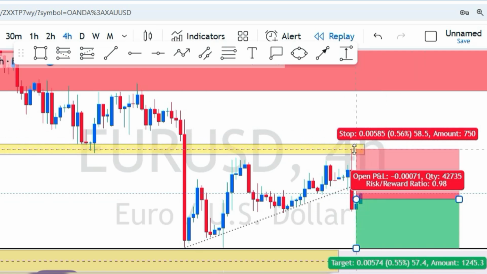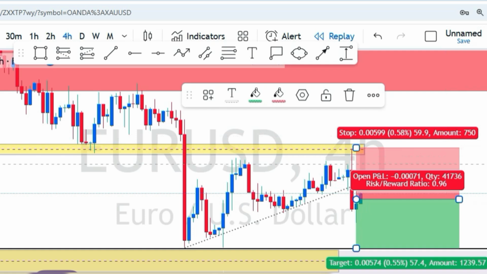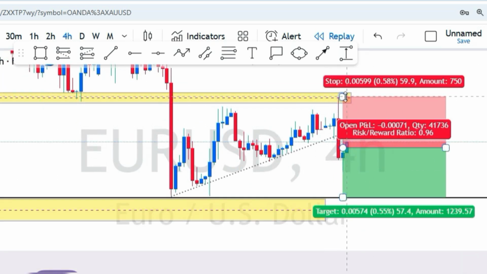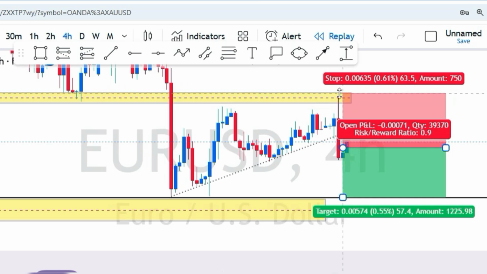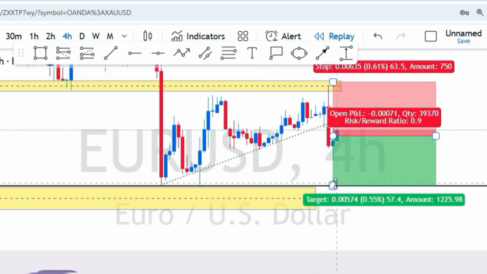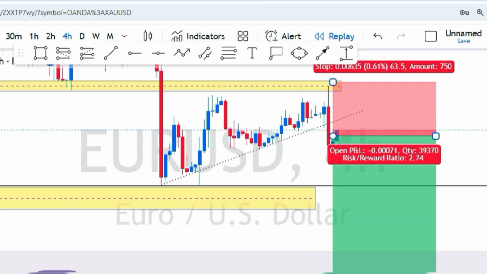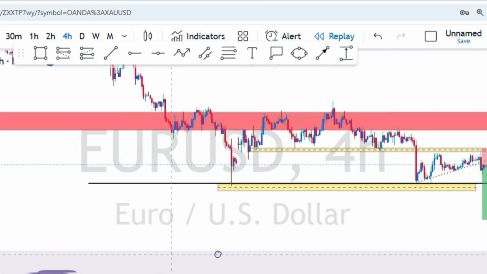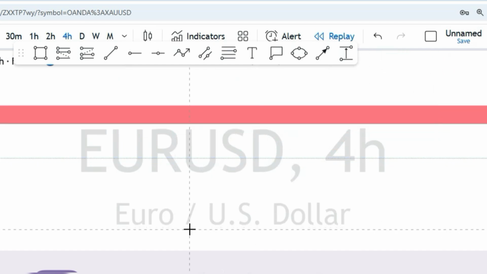Our stop loss was just above the zone here, and our first take profit was here. Then the second take profit was somewhere around this particular level here.